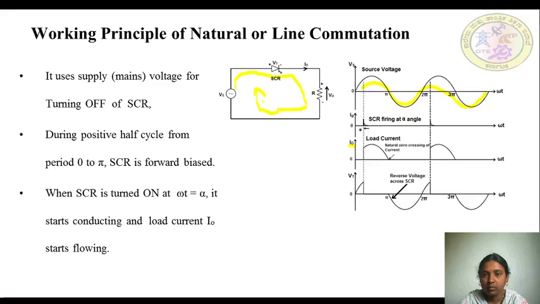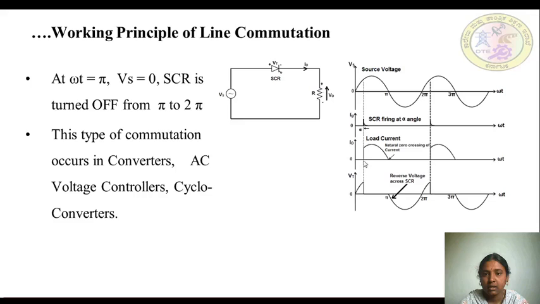Once the SCR is turned on, this load current will flow in this circuit. This load current will flow from the period alpha to pi, because from pi to 2 pi, the source goes to the negative cycle.